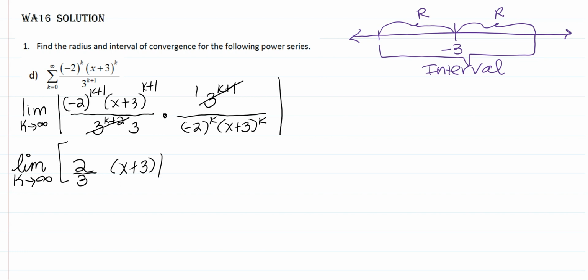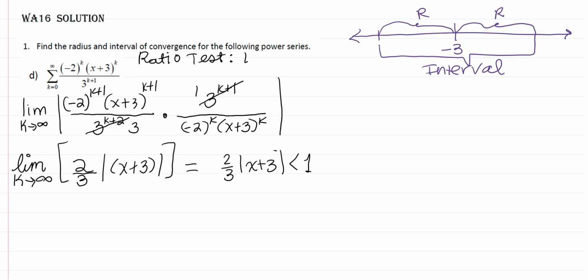However, when we take the absolute value of that, the absolute value needs to stay because we don't know what x is. So when k goes to infinity, well, the k is not even there in question. So it will just be 2/3 of the absolute value of x plus 3. And we need this to be less than 1, for our series to converge, because that's what the ratio test will tell you.